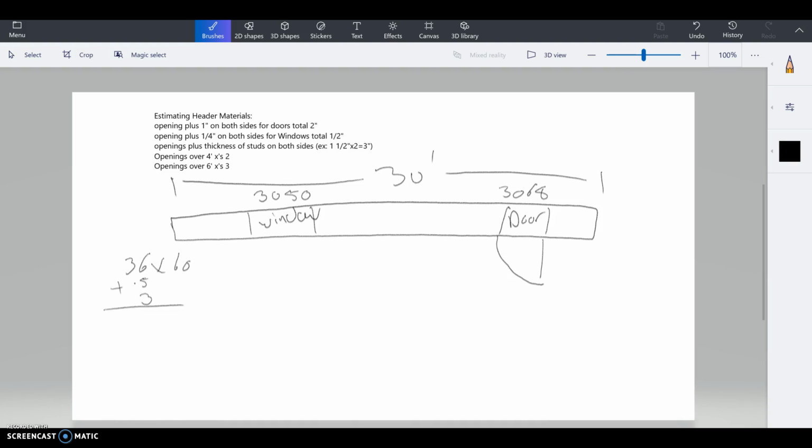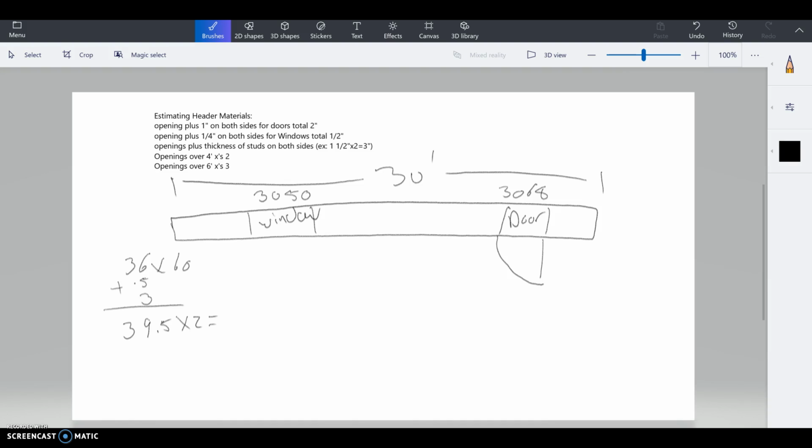So I have 36, 37, 38, 39.5 inches for this opening, times 2, because there's two pieces of 2x6s or 2x8s or 10s or 12s with a half inch plywood in between to give you the overall dimensions of 3.5 inches.